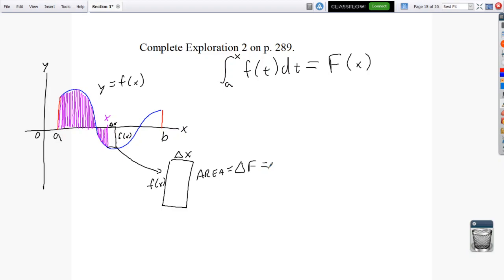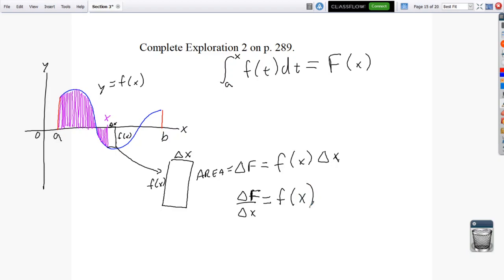But since this is a rectangle, I can say that this is equal to f of x times my delta x. Well, golly gee, I can divide by delta x, and I have delta F over delta x is equal to f of x.